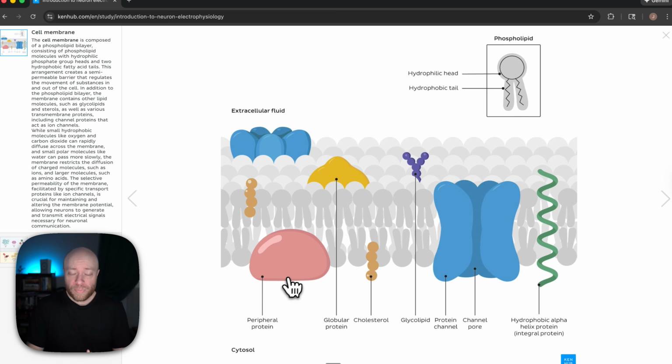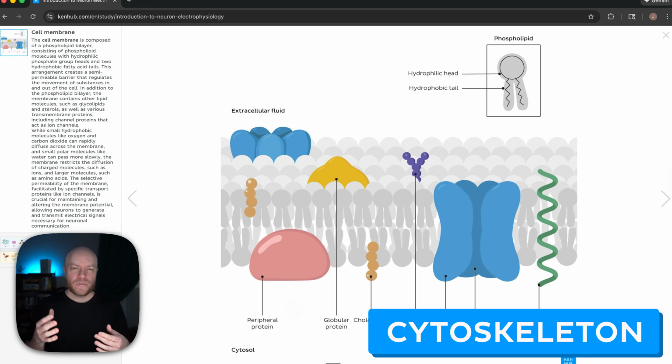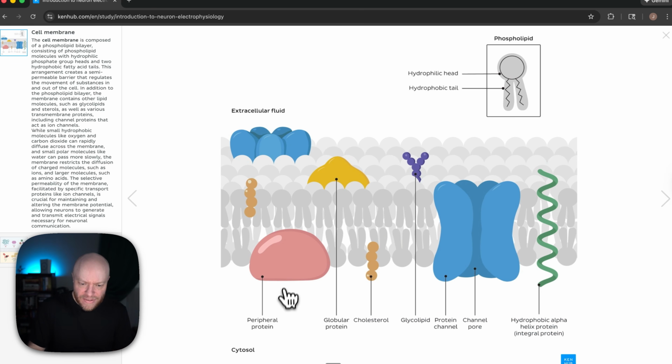Now, the peripheral protein, for one, is going to help maintain the shape of this cell. What will be attached in here is parts of the cytoskeleton. Those are proteins on the inside, and that's going to help keep the cell shape.